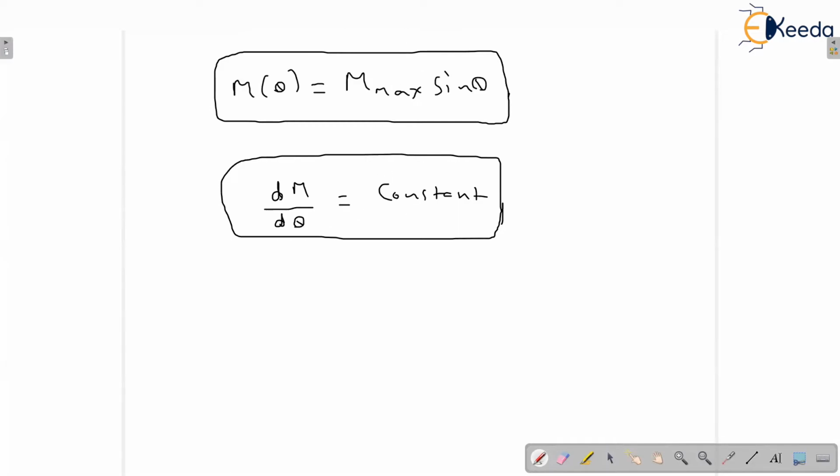So then next, how to get all this? First locate the zero mutual inductance position.